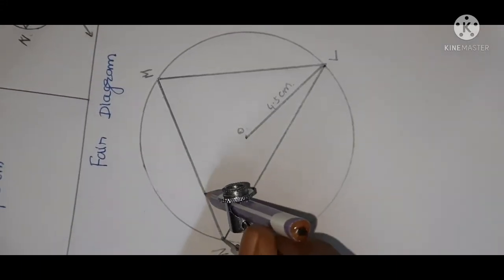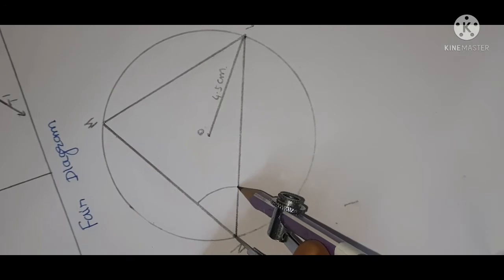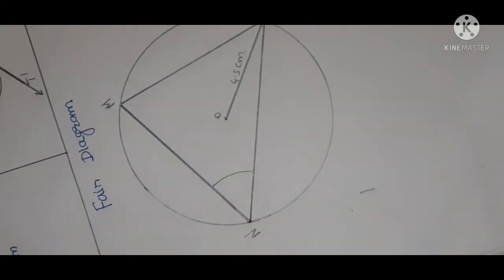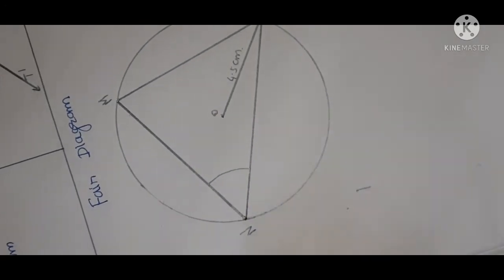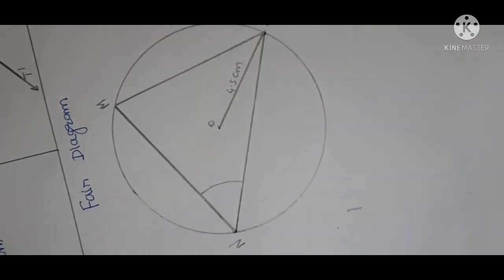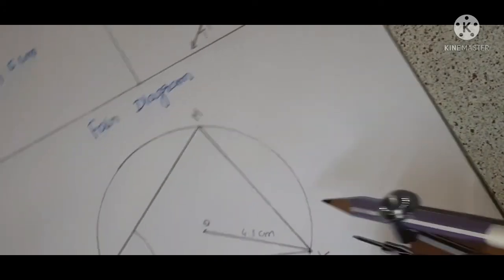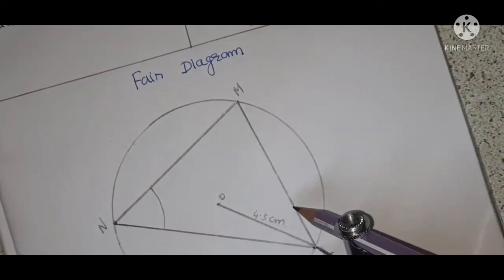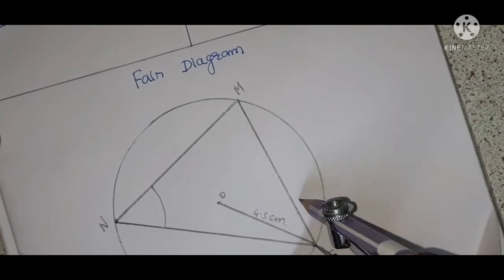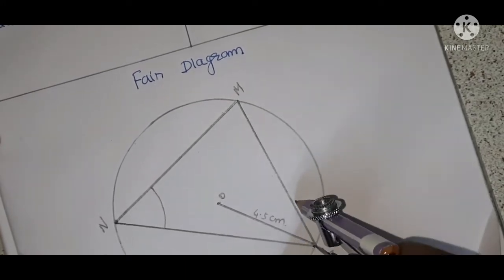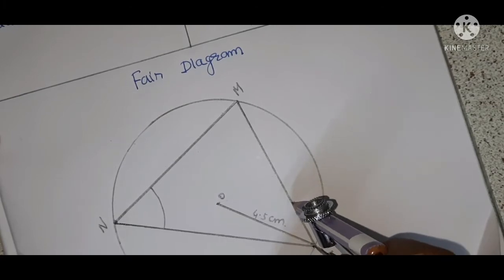Make an arc on N from N. With the same measurements, draw an arc from the line LN, LM.